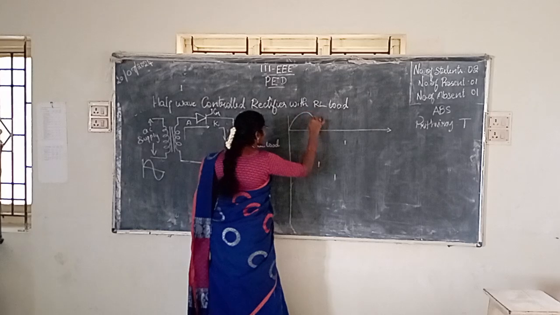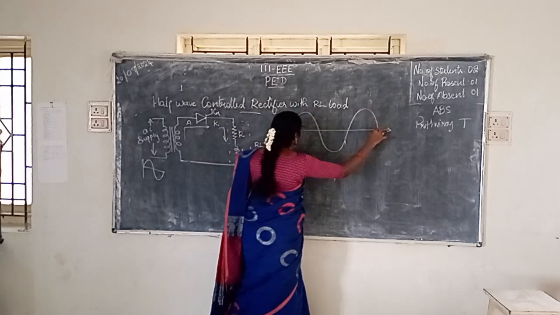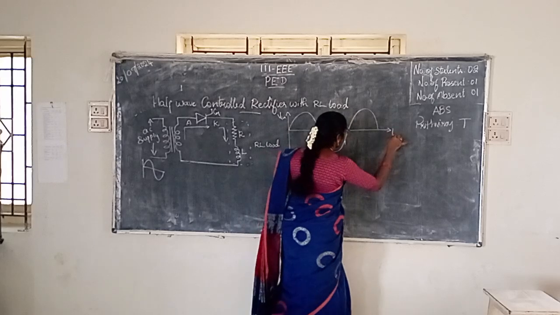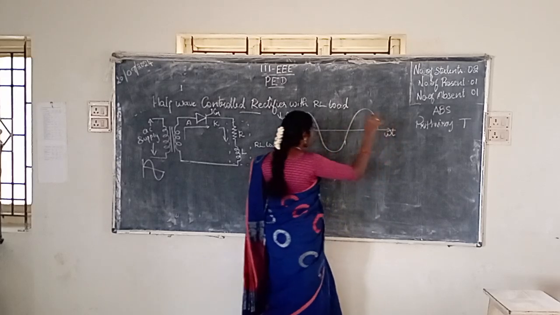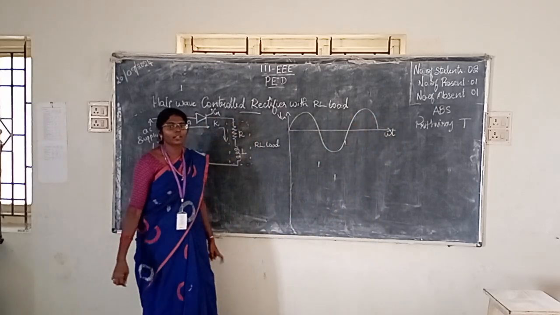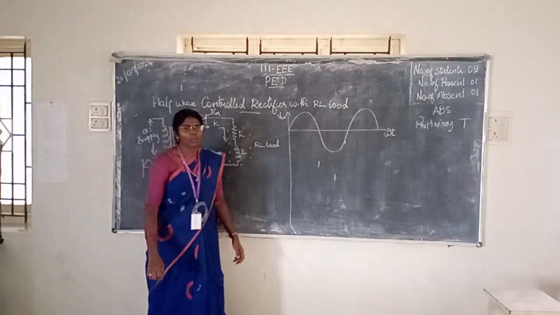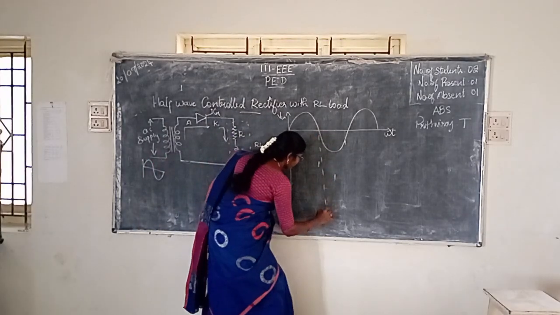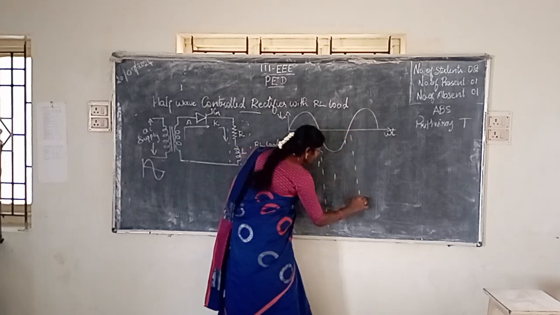This is our input voltage with respect to time, in terms of AC, so in omega t, that is, with respect to angular frequency and time. When will the thyristor turn on?